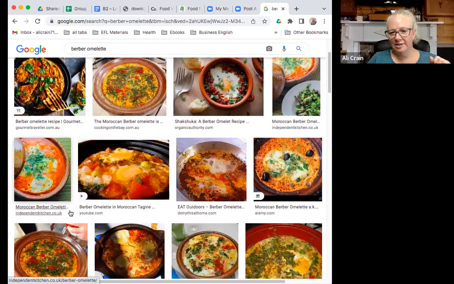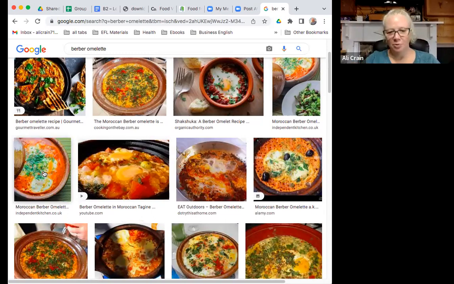I was going to show you. It's similar to shakshuka, but it's called a Berber omelet. When I was in Morocco, this one is the closest one that looks like one that I had, which is very similar. It's like tomatoes with the egg in it, and you just let the egg cook inside of it without mixing it up.